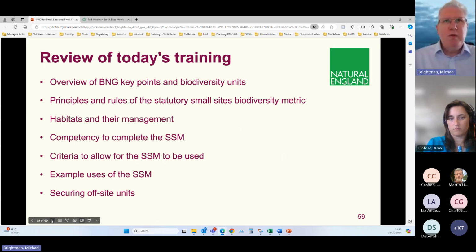We talked about competency being site specific for completion of the small sites metric, and the criteria that allow for the small sites metric to be used. We saw some example use of the small sites metric, as well as where a metric wouldn't need to be provided. And we've also talked about securing off-site units.